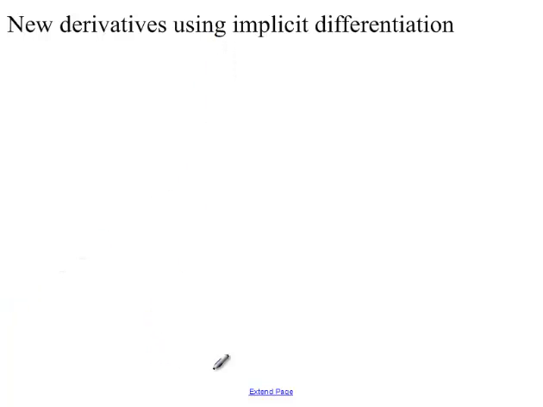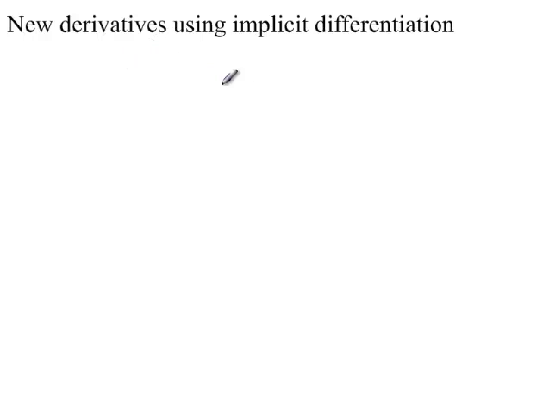I think after these two examples you've done, we are ready to move forward and talk about this. What are we talking about? We're saying here new derivatives using implicit differentiation. I'm going to use implicit differentiation to derive new derivatives which we don't know. In this case, I'm talking about standard derivatives.